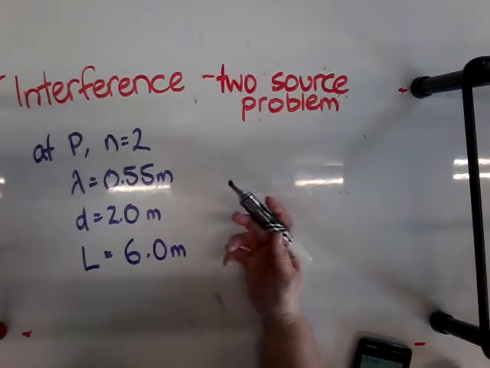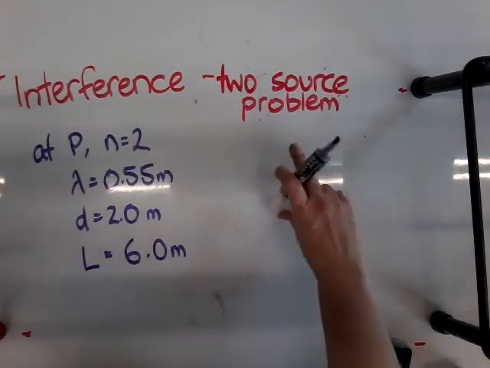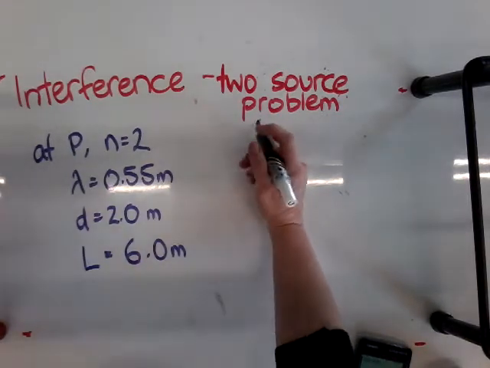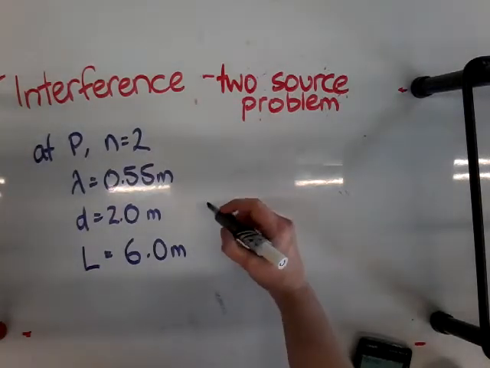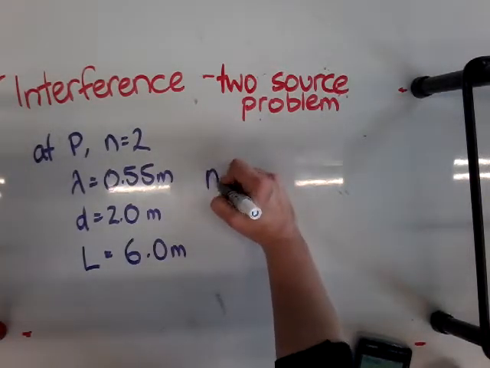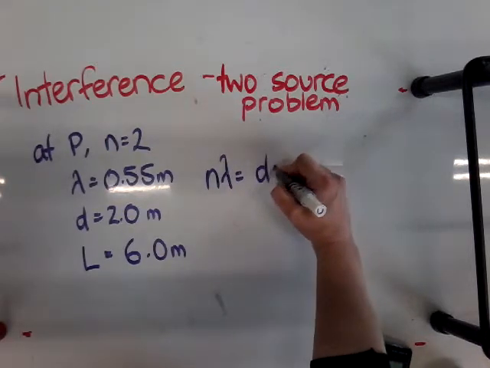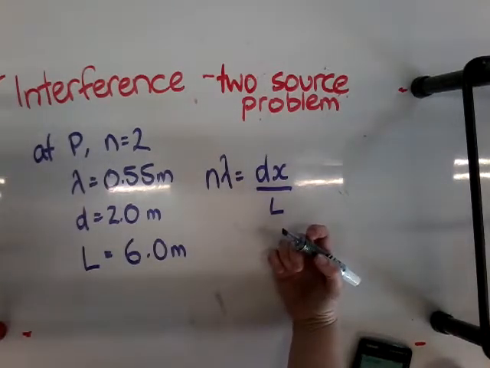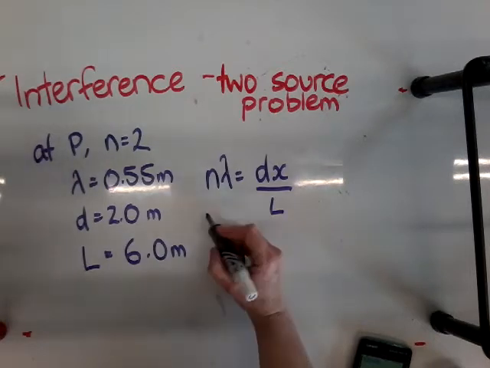So we've got all the things we need to find x, how far it is from the centre point to point P. So we're going to use our nice two-slit formula. And because it's an antinode, we're going to use n lambda equals dx over L. I'm going to just stick my numbers in and calculate it because, as you can see, I'm running out of room a bit.